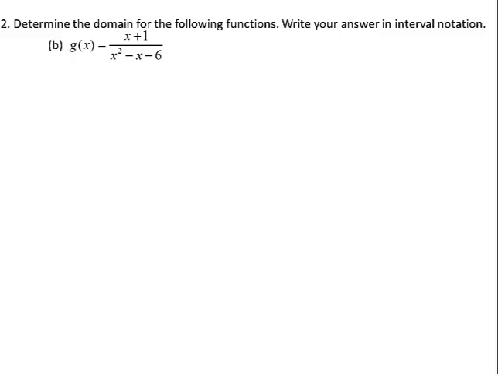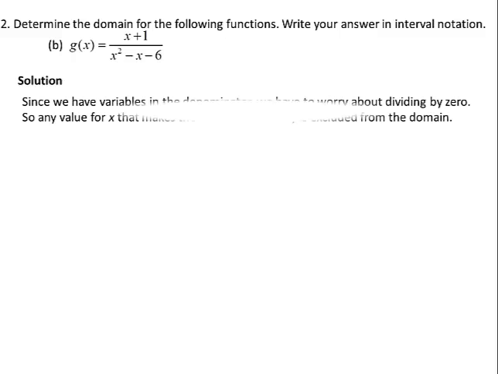Here your function is g of x equals x plus 1 over x squared minus x minus 6. So when we start to think of finding the domain, keep in mind when you're finding the domain, you want to find values that you can put in for the variable so that nothing bad happens.